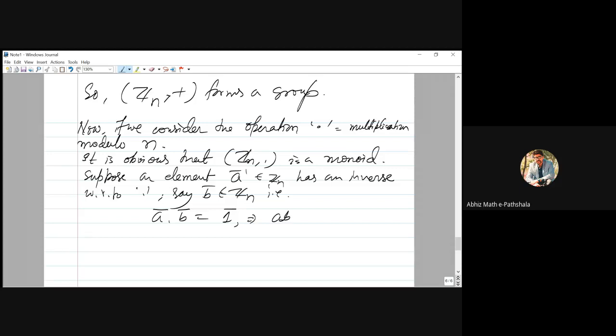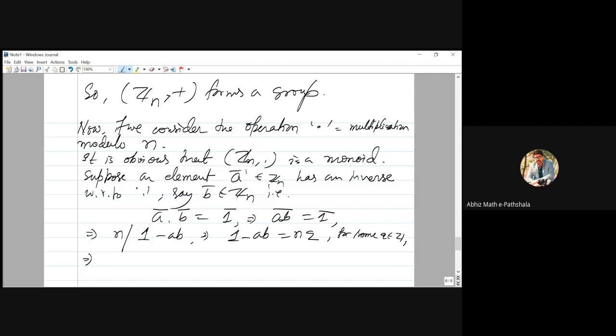That means AB class equals one class. That is, n divides 1 minus AB, right? That means 1 minus AB is a multiple of n, for some q belonging to Z.